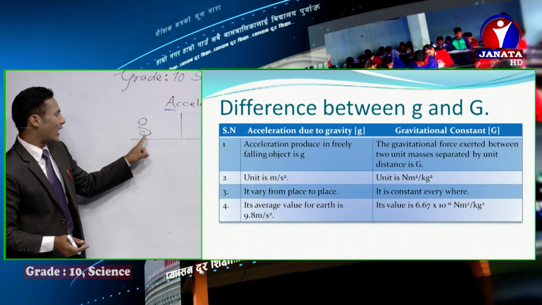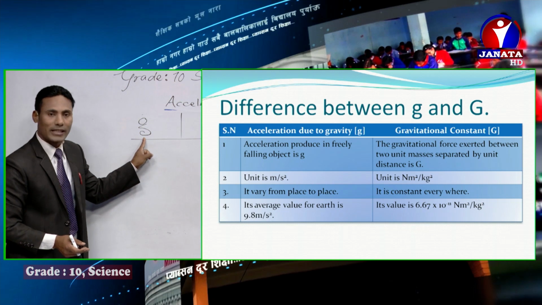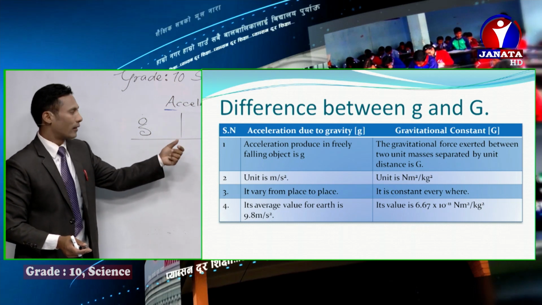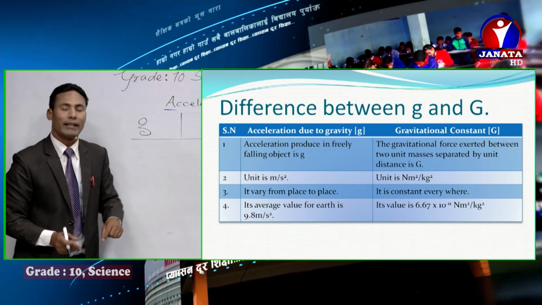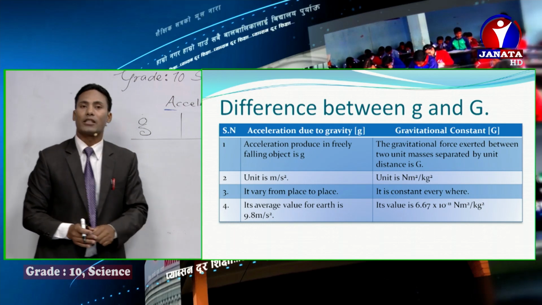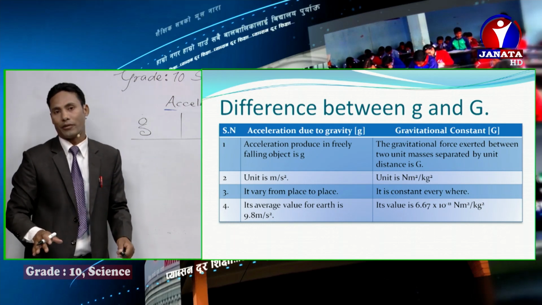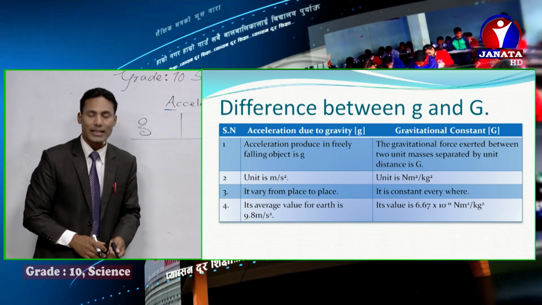That means the value of g varies from place to place. For example, previously we discussed the value at the polar region and the value at the equatorial region; they are completely different, isn't it? But the capital G value is constant everywhere. Wherever you check the value of capital G, it is constant.